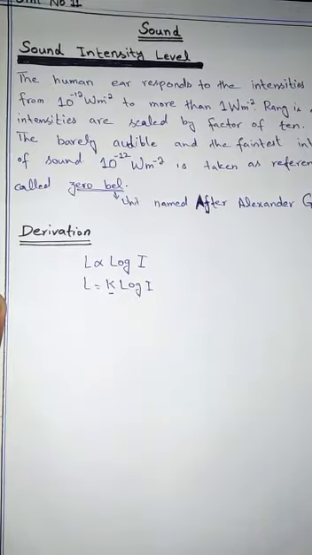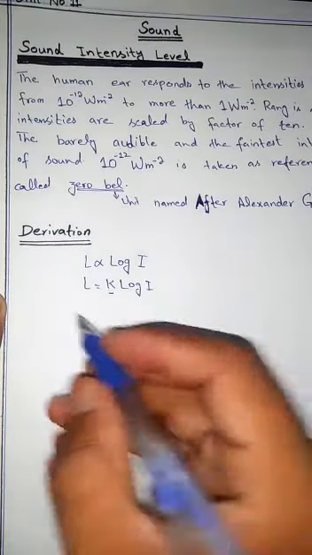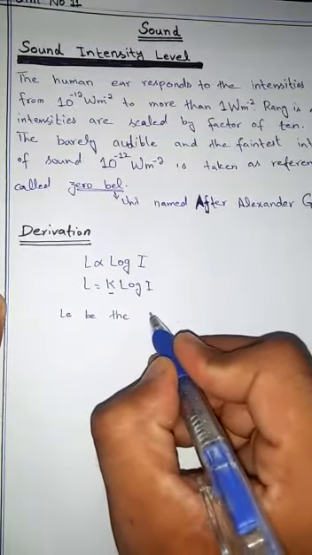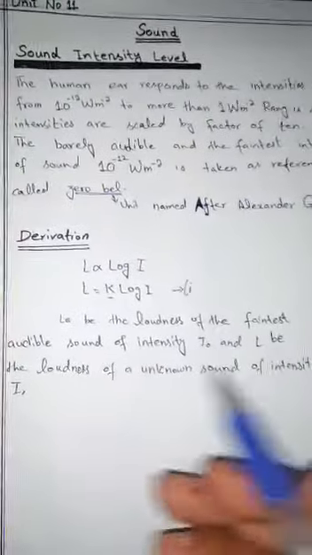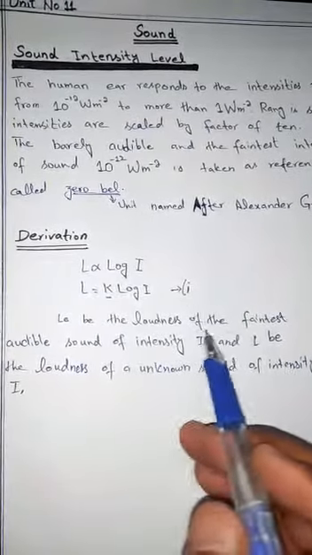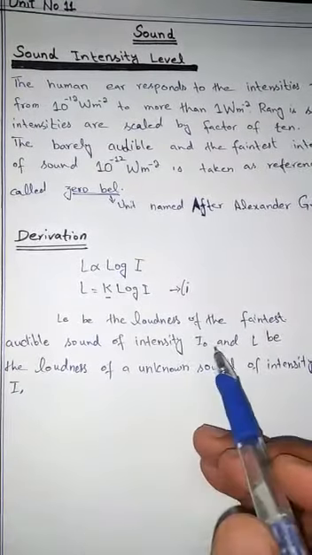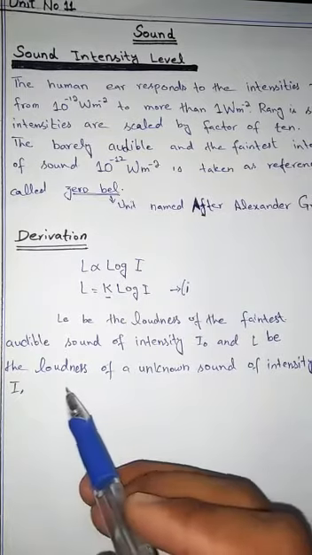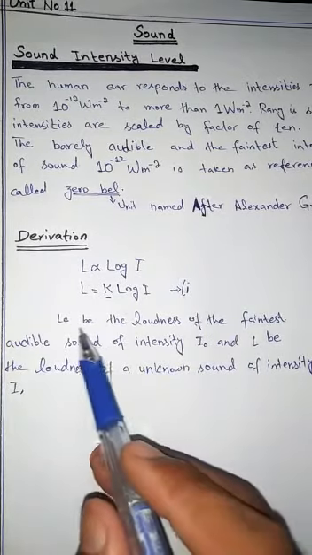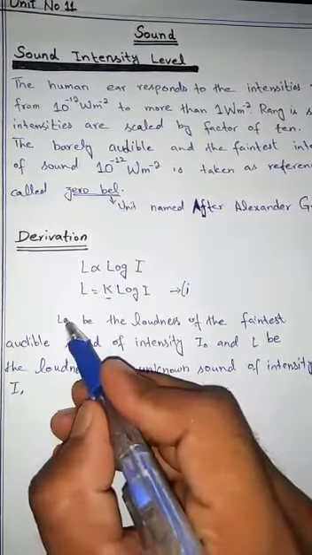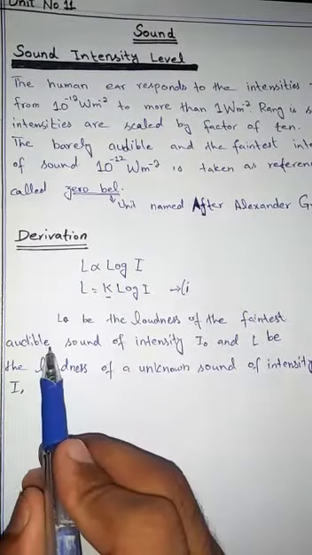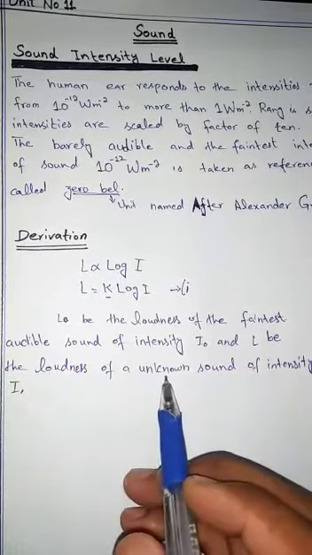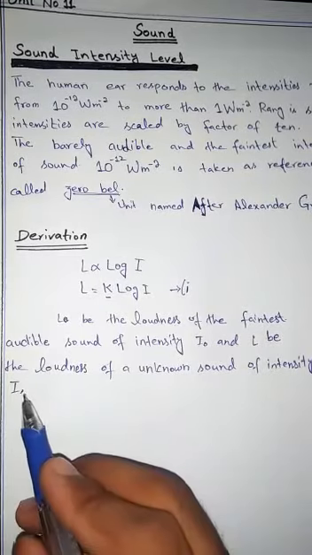Now let L naught be the loudness of the faintest audible sound of intensity I naught, and L be the loudness of an unknown sound of intensity I.